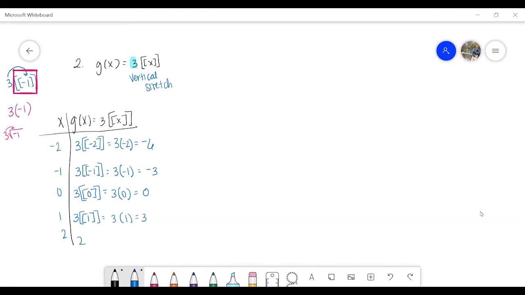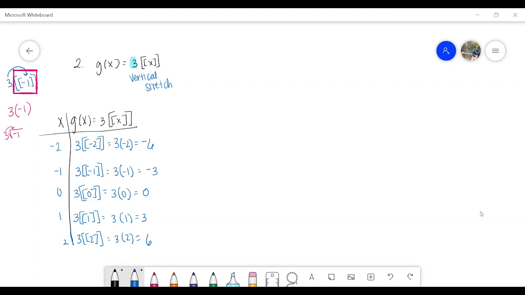And 2, I'm going to space that out a little bit. So you've got 3, 2, 3 times 2, which is 6. You'll notice all of our answers are multiples of 3, and it's not by coincidence, right? That's exactly what we multiplied by to get to where we are right now.